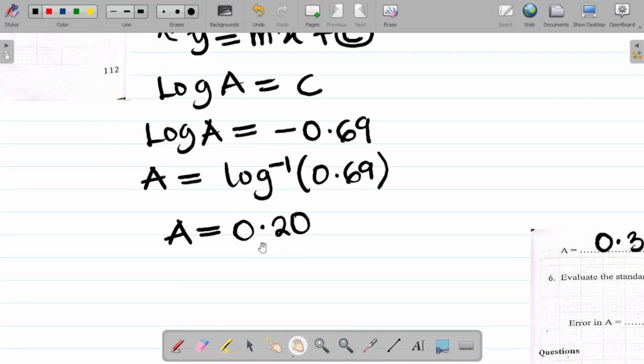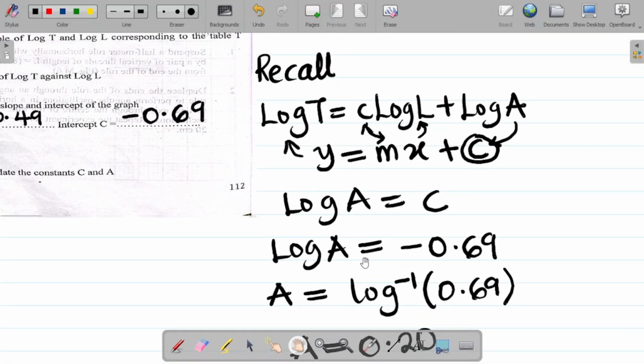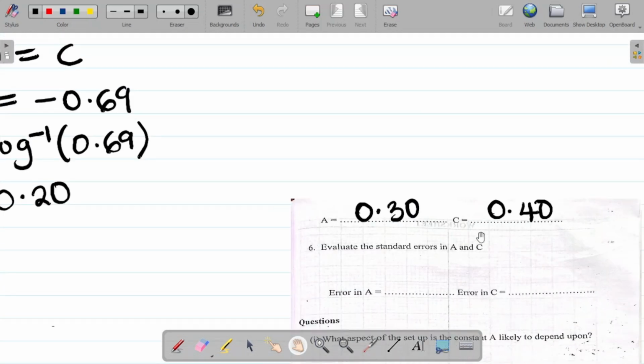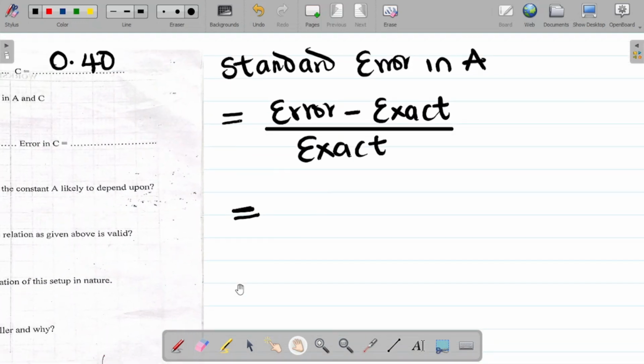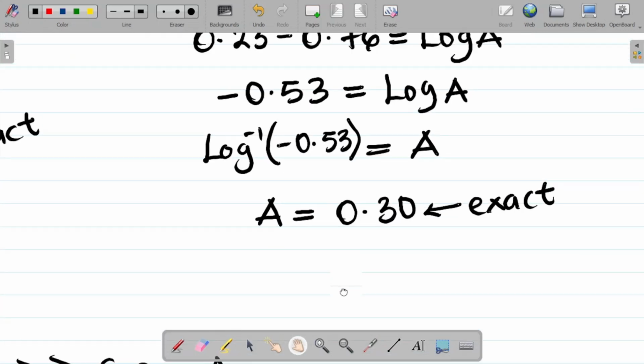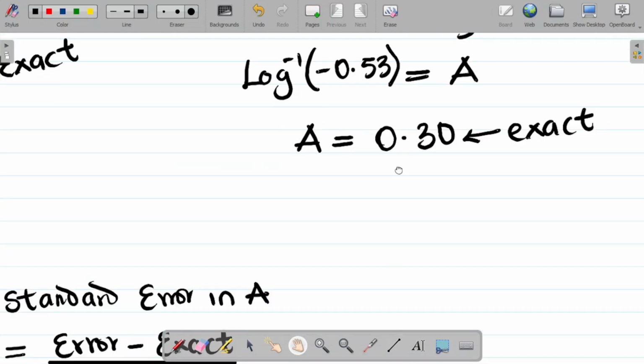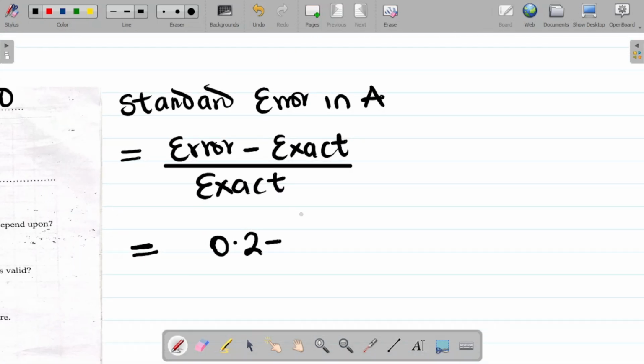We got this one from our graph sheet as 0.2. So my value should be 0.2. So 0.2 minus the exact, as we calculated, which is 0.3, so minus 0.3 all over exact, which is 0.3.